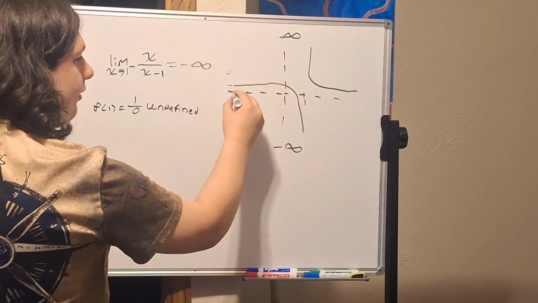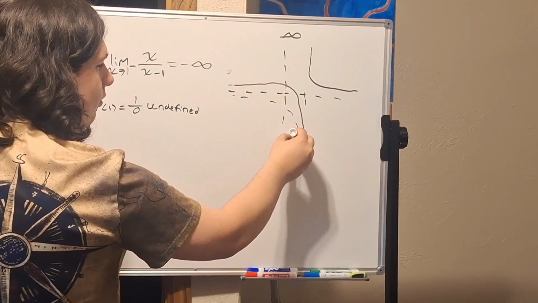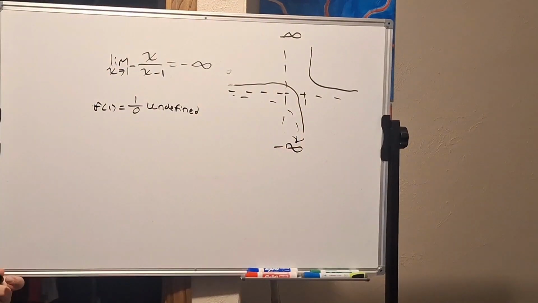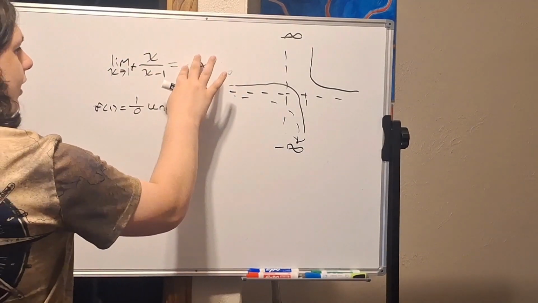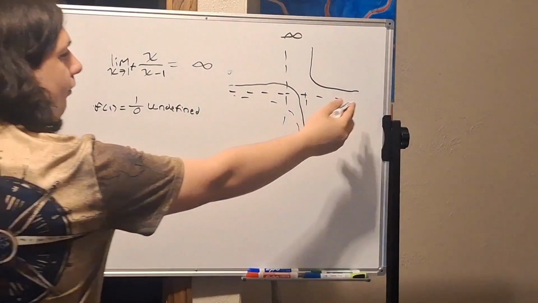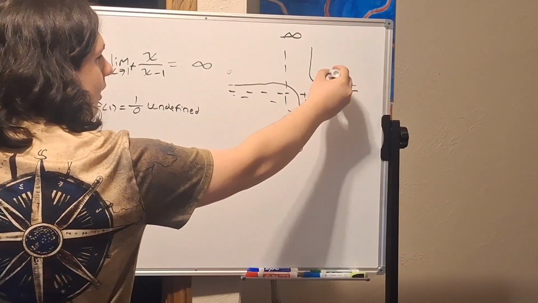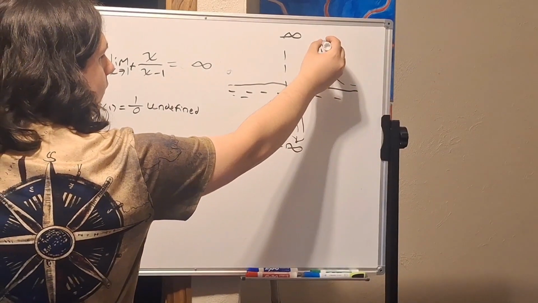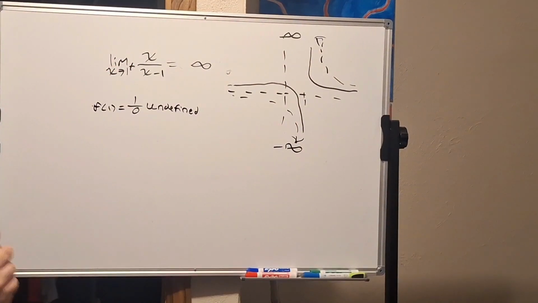We can trace that path. We see that that goes to negative infinity. And if we do the positive, we can see that it actually approaches infinity from the right side. We can trace this path as well. We can see that that is infinity.